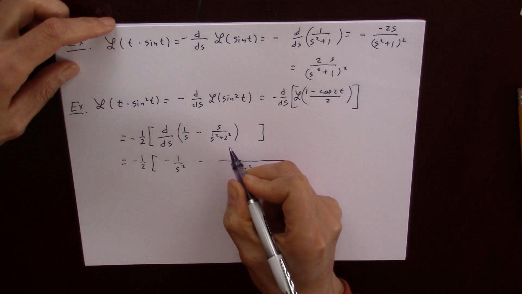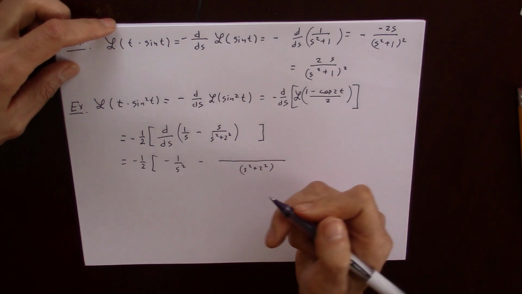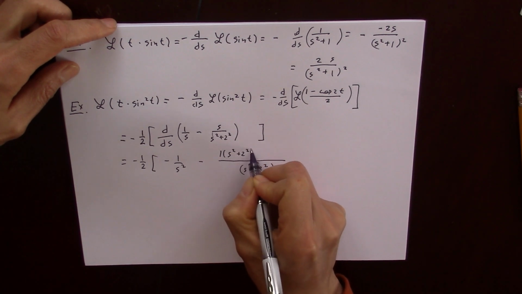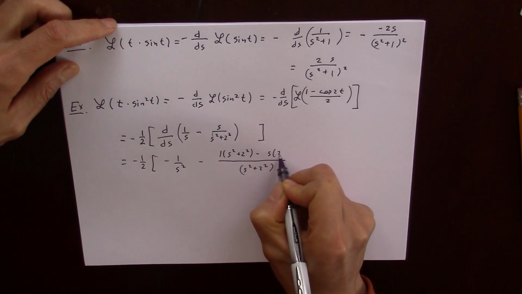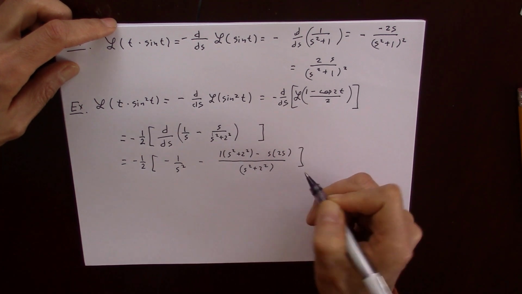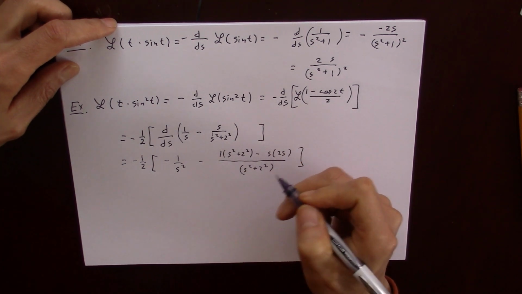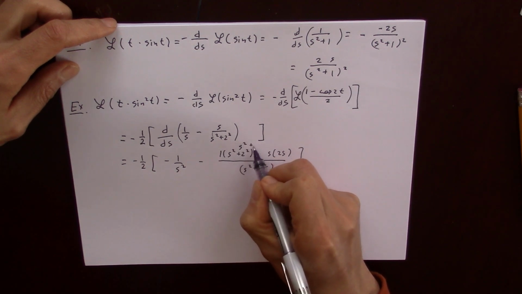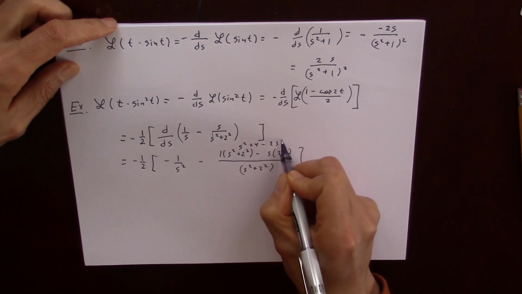It equals, we do quotient rule, so 1 times s squared plus 2 squared minus s times 2s. So the expression on top will be, if you look at the top, s squared plus 4 minus 2s squared.